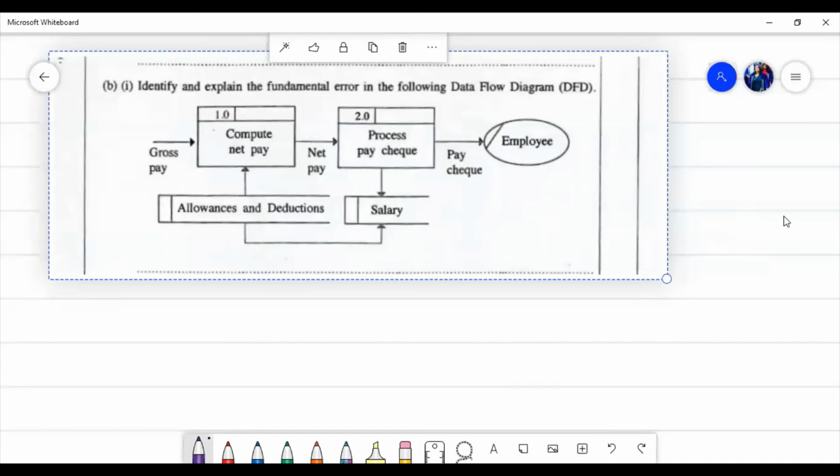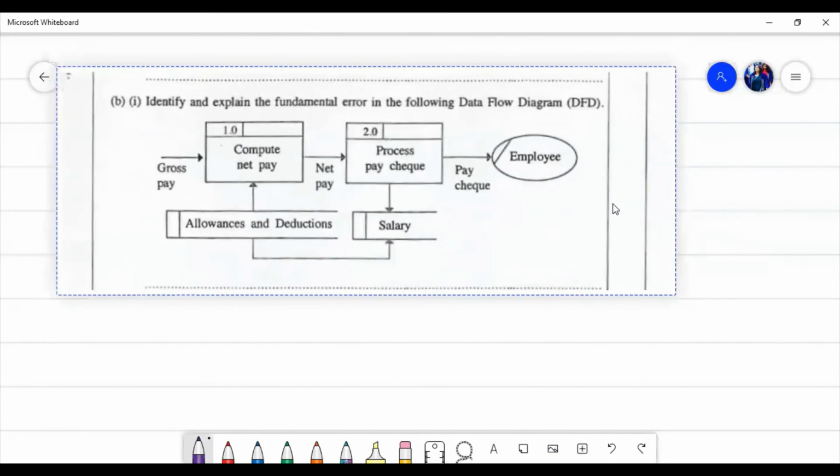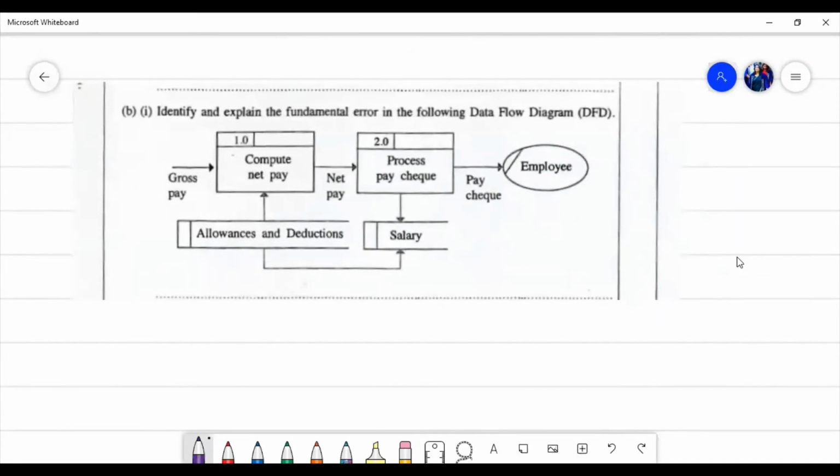Yes, use the chat. Fundamental error. That means against the rules. Yes, children, please use the chat. What is the error that you can understand, identify from here?